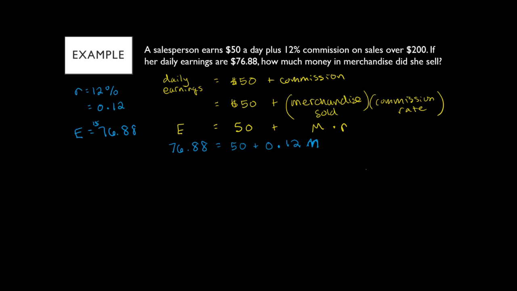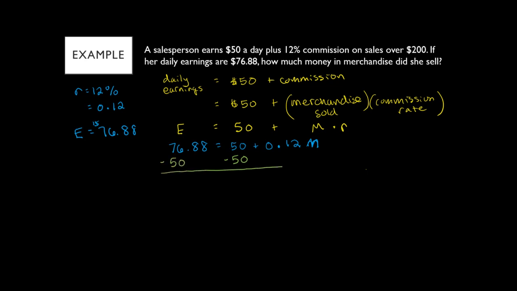So when you're solving, you want to get your variable by itself, and you always do any addition or subtraction first. So I need to move the 50 away from the side that has the M, and I need to move it to the opposite side. So you always do the opposite. Because it's a positive 50, I'm going to subtract it away to get it to 0.